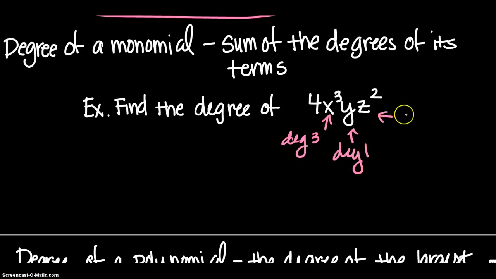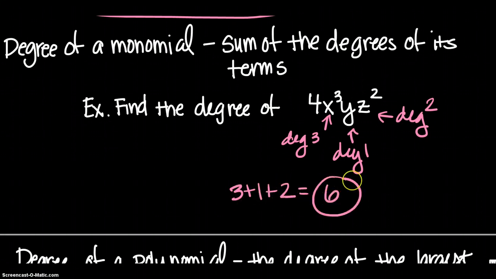And z has a degree of 2. Do you notice degrees are like the exponents? So if I were to find the degree of this, I add all of the exponents together. So I just do 3 plus the invisible 1 plus the 2, which gives me 6. So my degree of that monomial is 6.